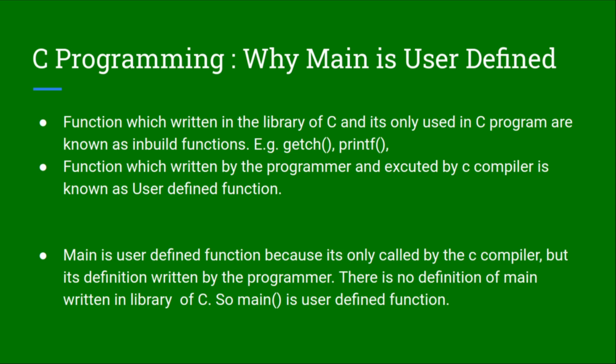We have to give an entry point to the C compiler so that it can start executing the program, and we write the main function and write its body as per our requirement. So that is the main reason we call main a user defined function.